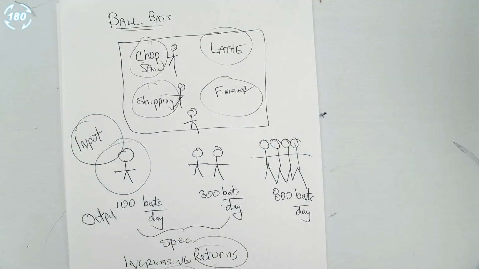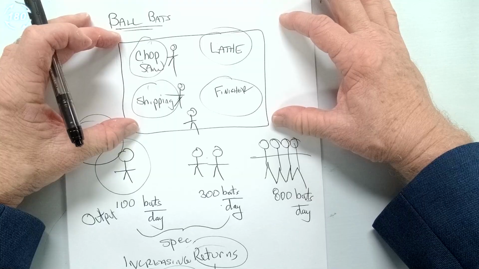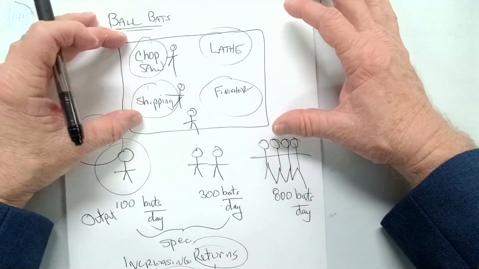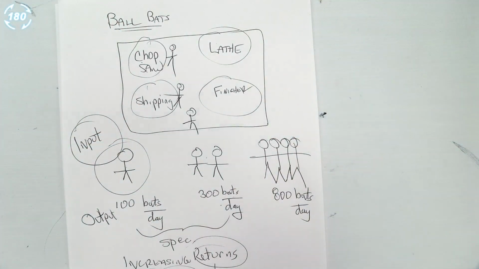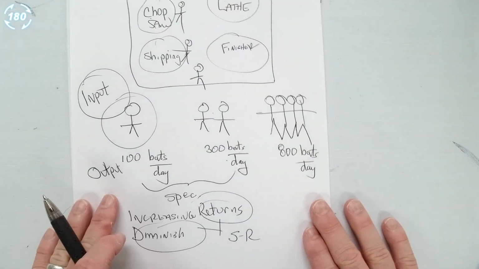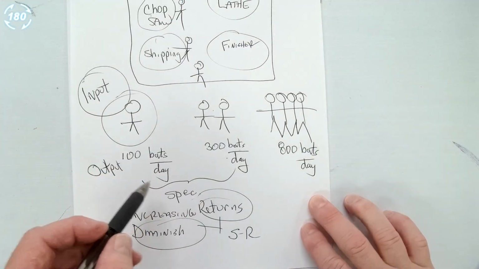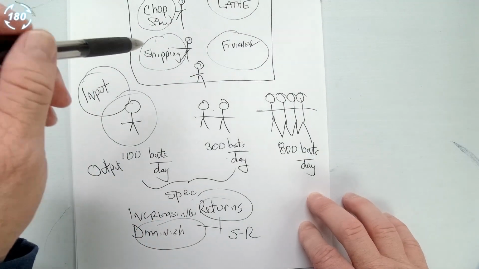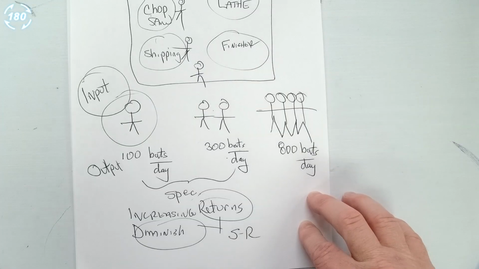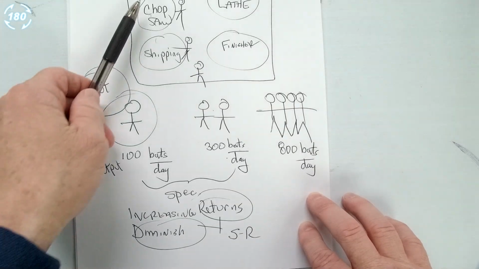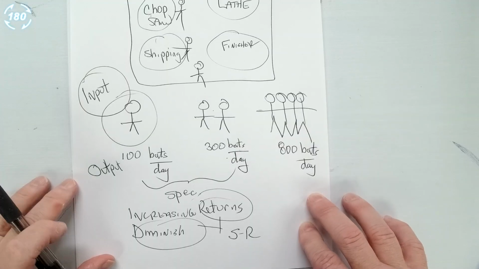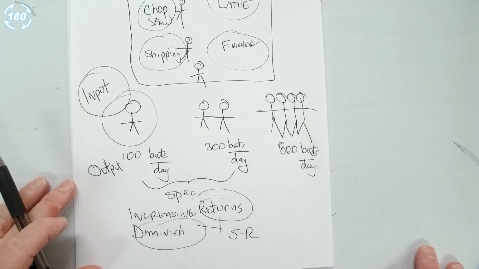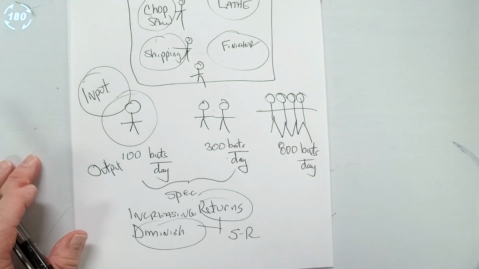Now it's not labor here, but it is floor space. And since you have some fixed input, that means if you continue to apply increasing amounts of the variable input, then they have to share decreasing amounts of the fixed input. So you're going to have several workers waiting on, well, the chop saw or what have you. And so you're no longer going to be doubling your output as you double your input.